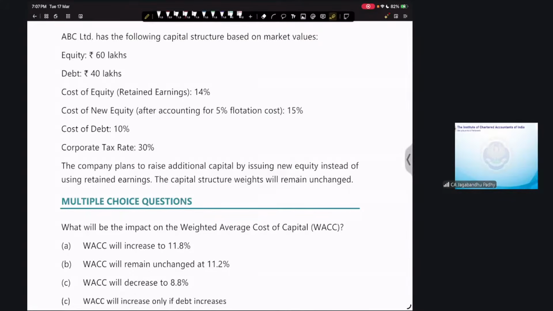So in equity and debt also, ex dividend and ex interest. Of course, yes, it has to be ex dividend and ex interest.